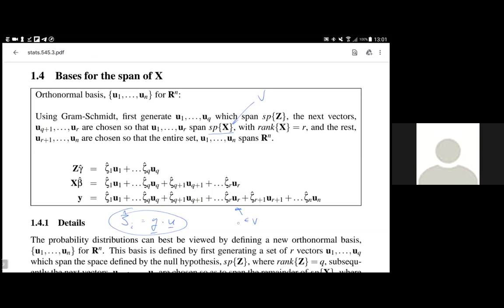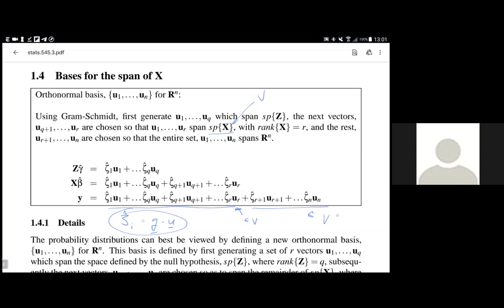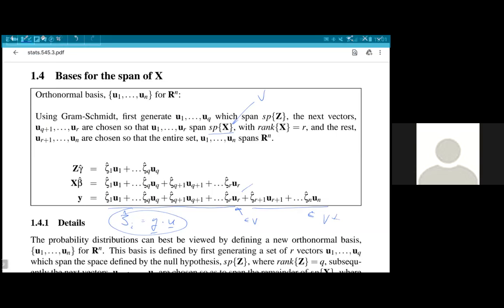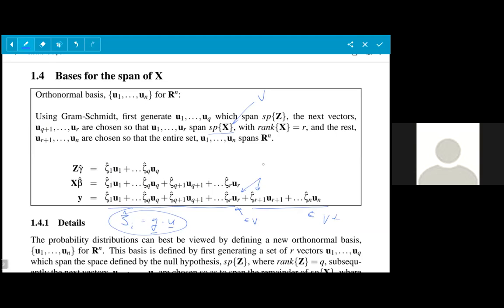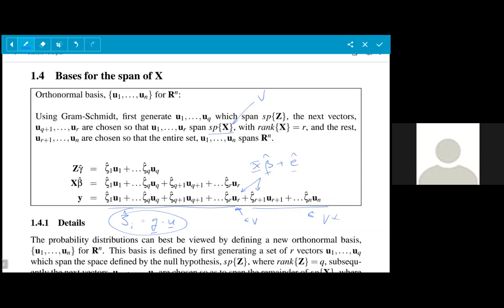So this is an element of V, this first part, and then the second part is orthogonal to V. And so what we have done here is we've actually split the Y into two parts, an X beta hat plus an E hat, and these two are orthogonal.